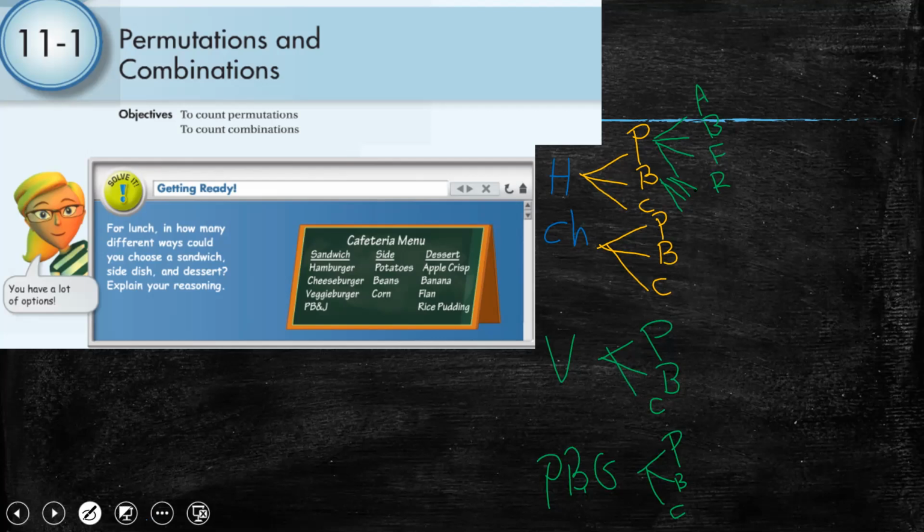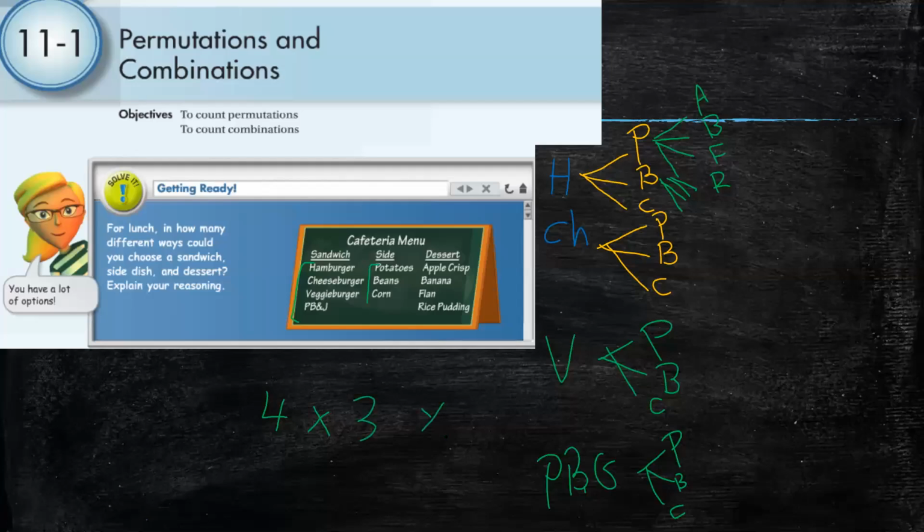So how many choices do we have if we take one from the sandwich, one from the side, and one from the dessert? You can write all of the choices using a tree and count them at the end, or you can use the fundamental principle, where we multiply the number of choices: for the sandwiches 4, times the number of choices for the side, 3, times the number of choices for dessert, 4.